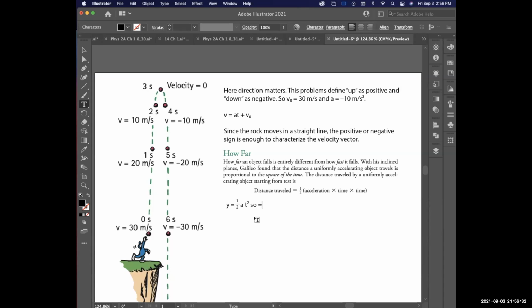So this is going to equal 5 meters per second squared times t squared. So that's 10 divided by 2.